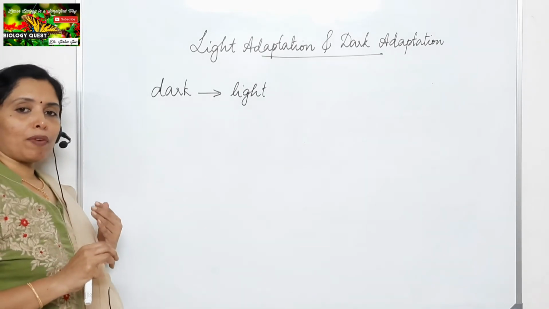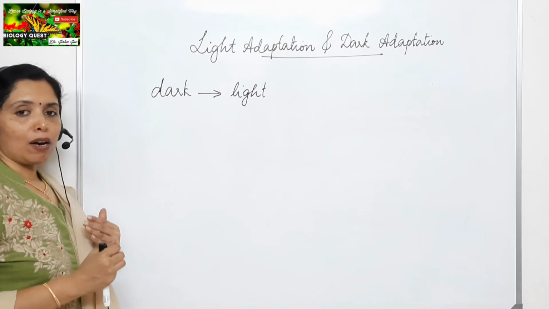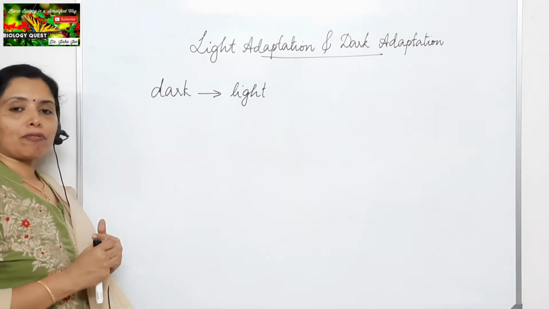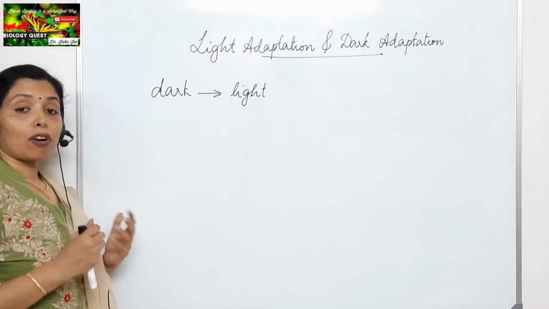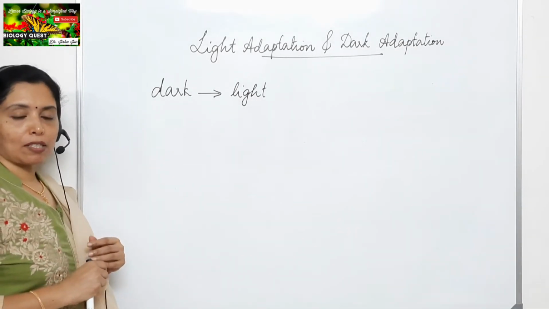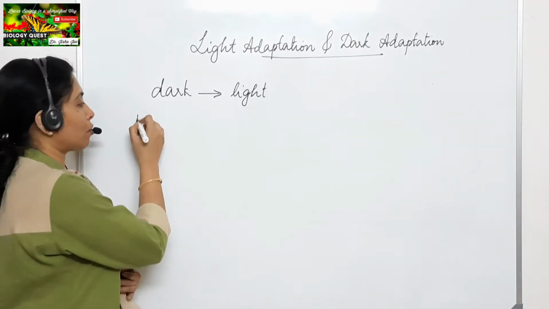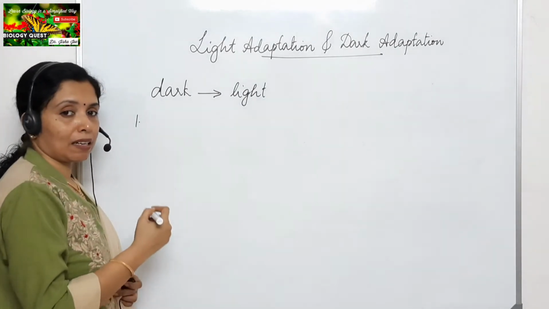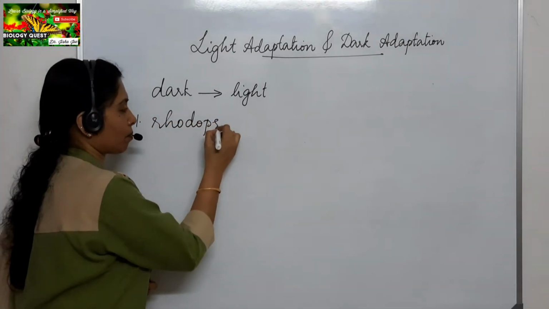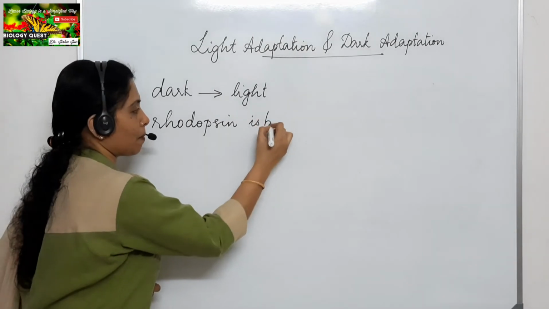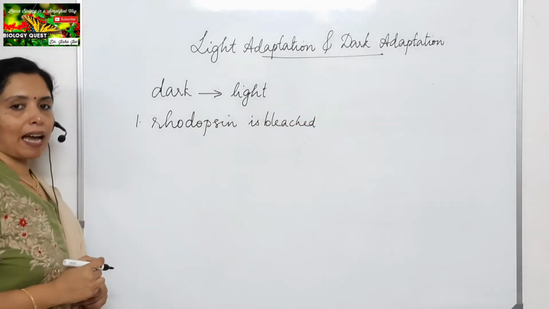Now, when we move out from a dark room to a brightly lighted area, the rod cells no longer function. The rhodopsin pigment that was active in the dark gets bleached. Rhodopsin is bleached. So that is the first thing that is happening there.